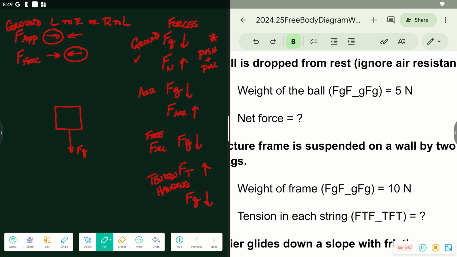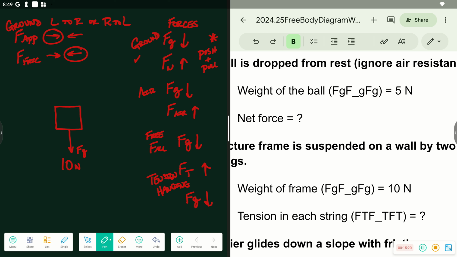And the force of gravity in this case is 10 newtons. The picture frame is suspended. So when you look at picture frames, are they generally swinging around, moving around? No, they are going to be suspended and they're not going to be moving.